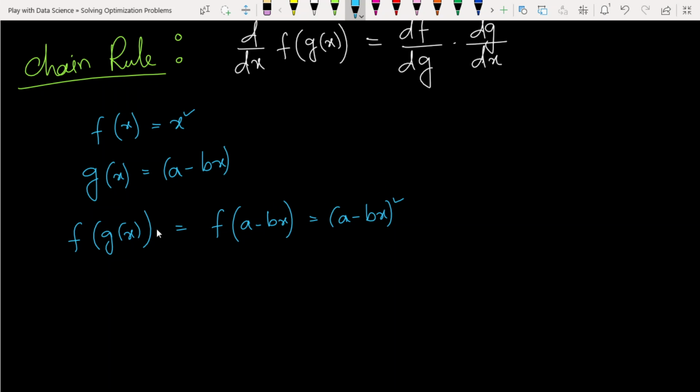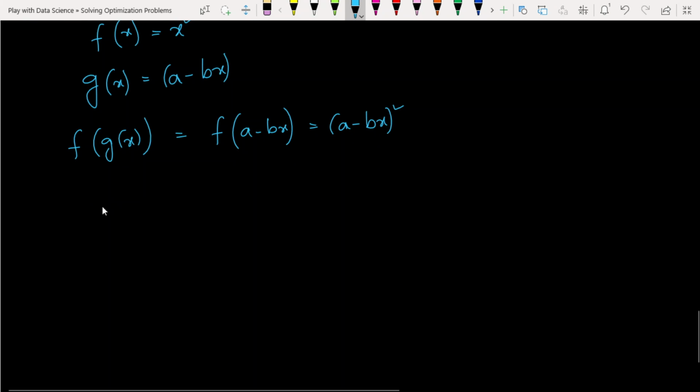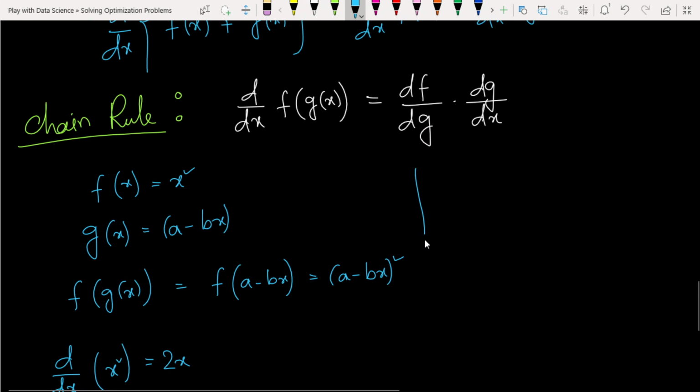Now what will be the differentiation in this case? We know that d by dx of x square means 2x. Just using this first, we want to differentiate df by dg.